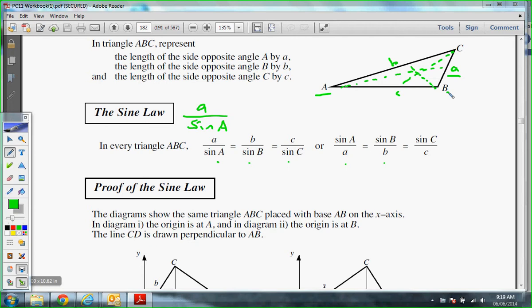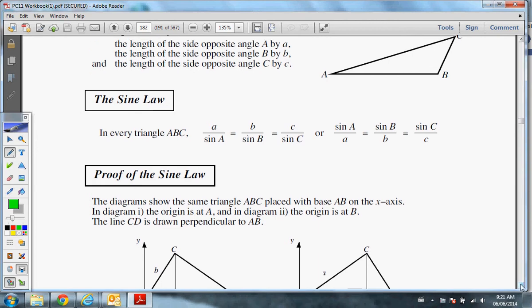They have to be the same, because once you have a side associated with an angle, that triangle has to have the same dimensions as long as you have the proportions set up correctly. Okay, so let's get to the proof of why.